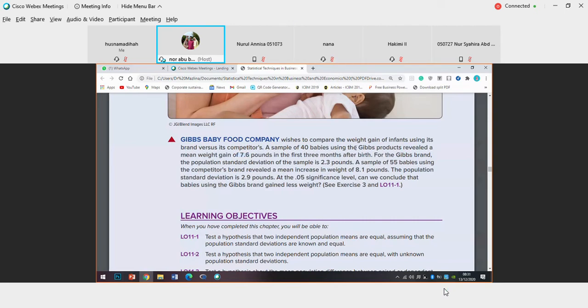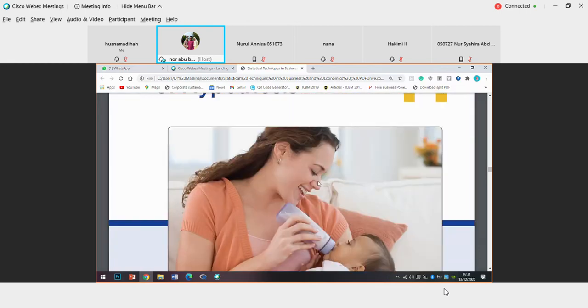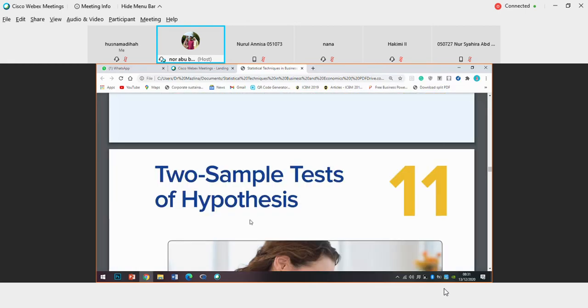So when we want to make a comparison, mestilah kita compare apple to apple. Tak boleh apple dengan orange contohnya. Jadi dalam kes ni seolah-olah kita compare apple dengan orange. Okay. Jadi dua spesies yang berbeza, awak nak compare cuma satu perkara, tak boleh. So the best thing that we can do is what we call as two sample test of hypothesis.